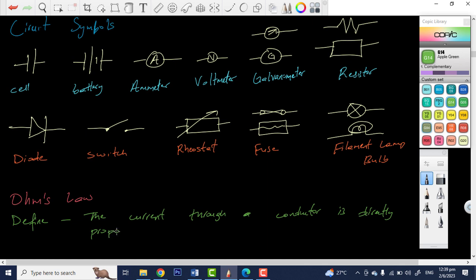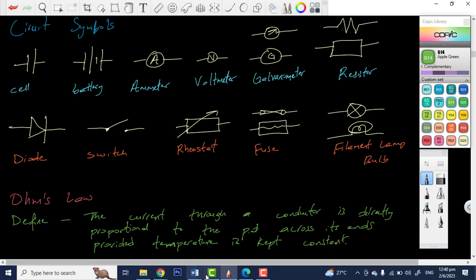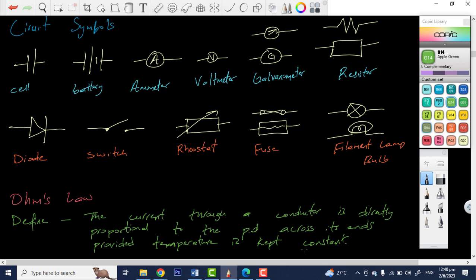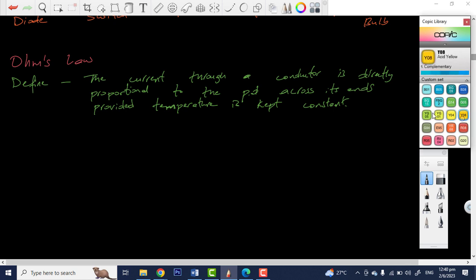Ohm's law says that the current through a conductor is directly proportional to the PD, which we know is potential difference, across its ends, provided temperature is kept constant. So that's Ohm's law. We should be comfortable with that.